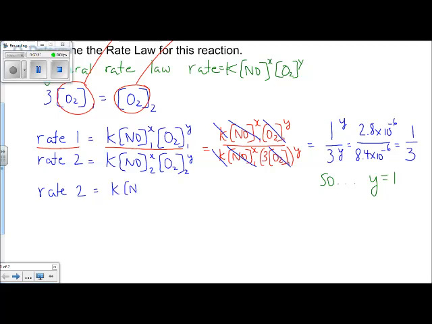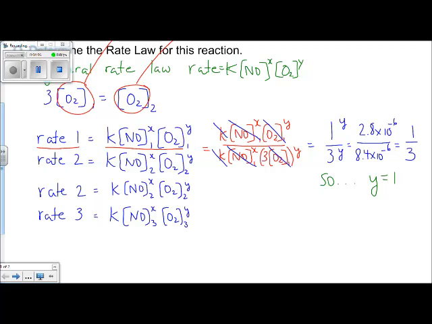So the rate law for experiment 2 is given by K times NO from experiment 2 raised to the power X times O2 from experiment 2 raised to the power Y. We can write the analogous rate law for experiment 3. That's equal to the same K times the concentration of NO from the third experiment raised to the power X times the concentration of O2 from the third experiment raised to the power Y.